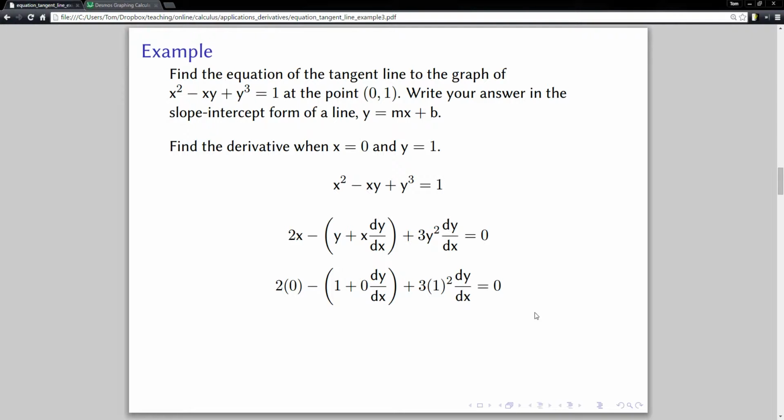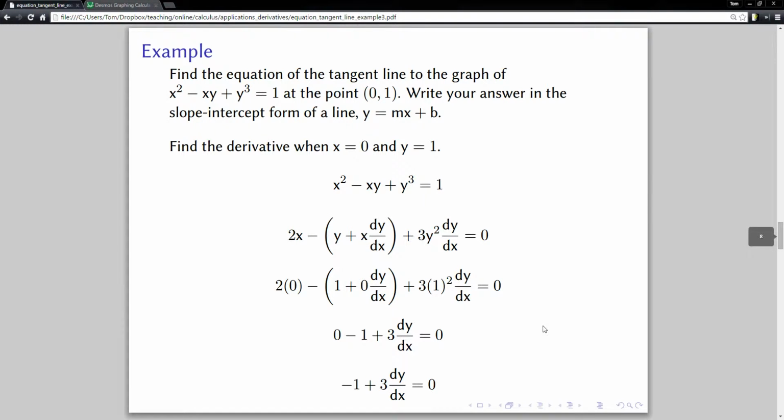Now just simplify as much as possible. 2 times 0 is going to wind up to be 0. Then I'm going to subtract off. Inside the parentheses, I have 0 times dy/dx, so that's going to be 0, because anything times 0 is 0. Then add 1. So inside parentheses I'd get a 1, so I'm subtracting off a 1, and then 3 times 1 squared will just be 3, so that's what I get.